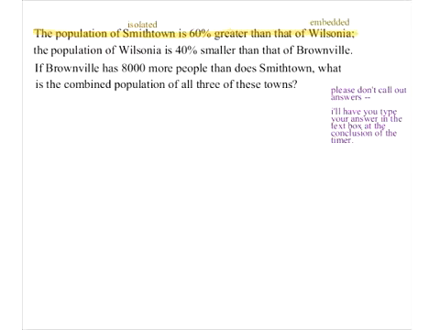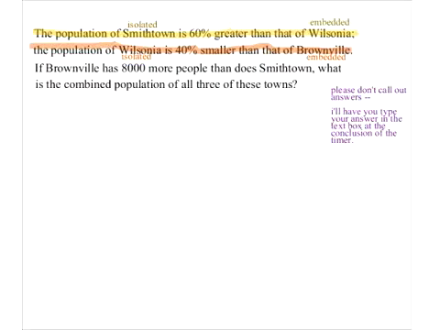But the problem is, if you go to the next line, then Wilsonia is isolated. Brownville is embedded. So even though Wilsonia is in both equations, it's not a good choice for a variable because it's the isolated expression in this one. This one's embedded.